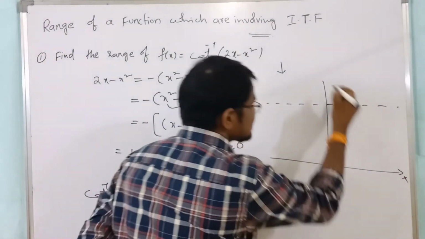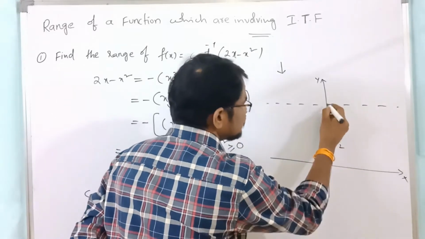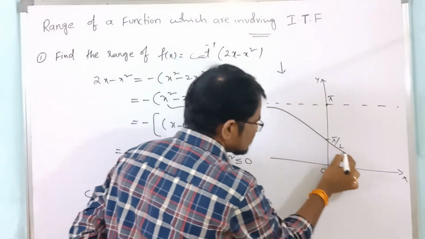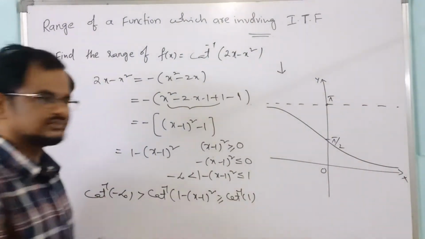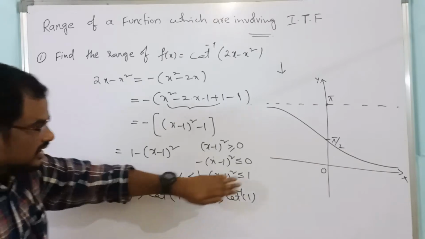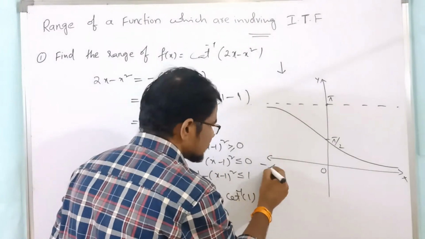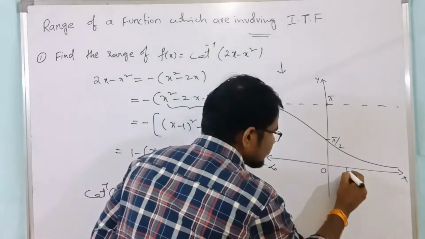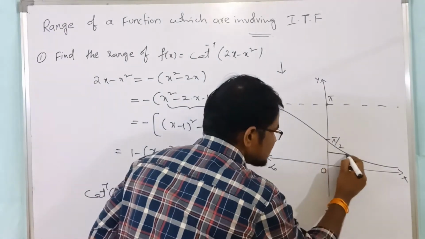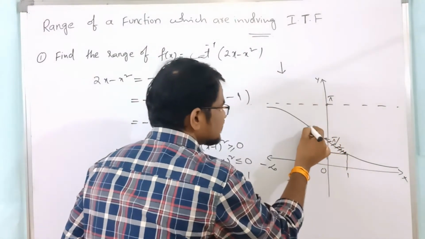This is the x-axis and y-axis, here it is pi by 2 and here it is pi. This is the cot inverse x graph. Now this expression exists from minus infinity to 1. Here 1 is there, and cot inverse of 1 is pi by 4. So the graph exists from here to here.